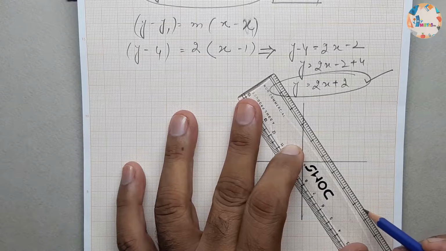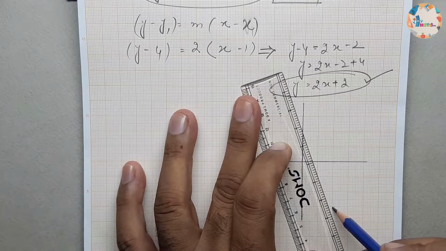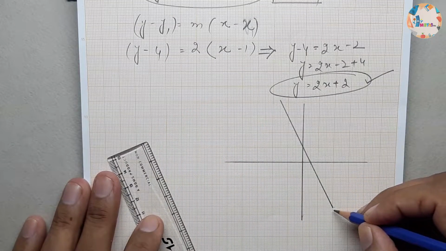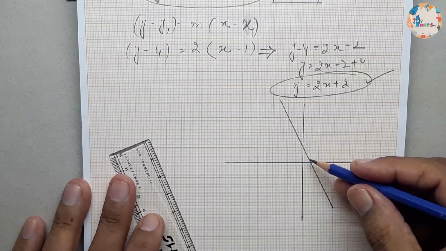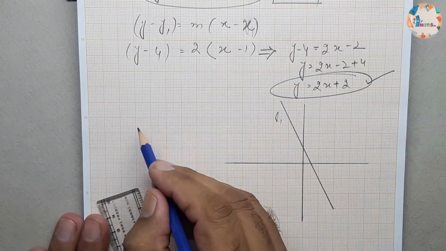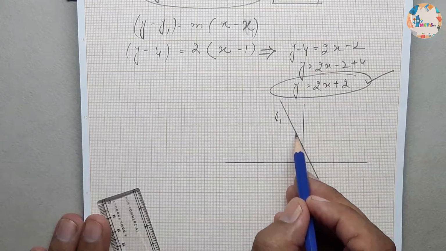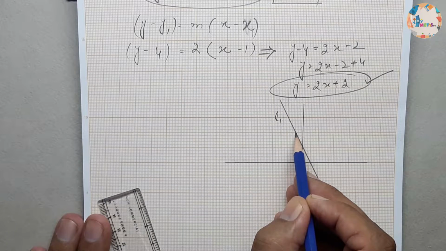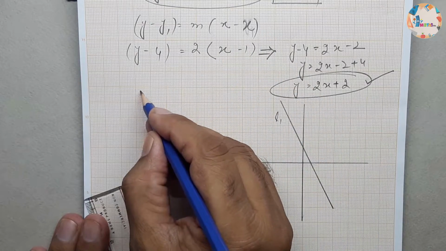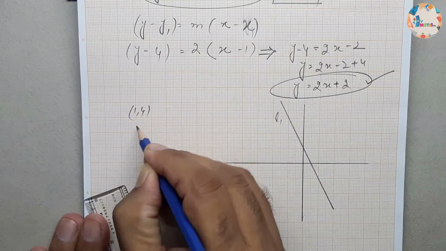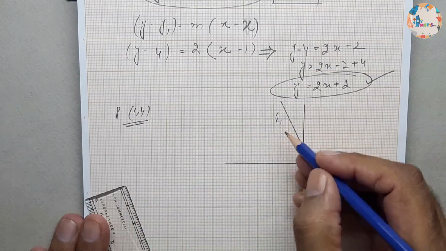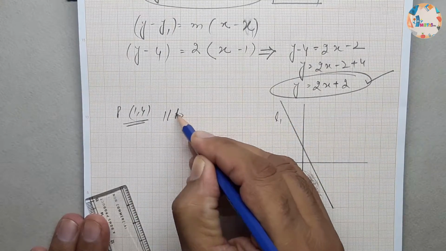This is the line, for example L1, and we have to find L2 which is parallel to this line and passing through, for example, the same point, 1 and 4, so passing through this point P and parallel to this line, parallel to L1.